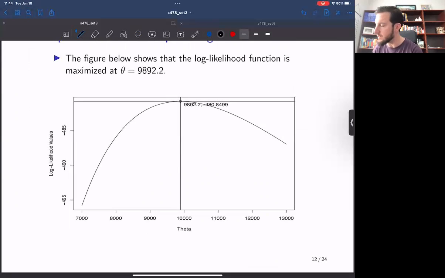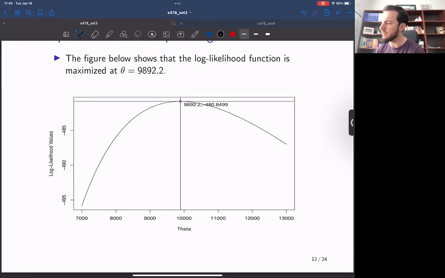Basically, all I did here is write a function to compute the log likelihood based off what we did in lecture, and then I plugged in a variety of values for theta. I think I generated theta between 7,000 and 13,000, and then I varied them by like 0.1. So I have this nice smooth surface or representation of the log likelihood function.